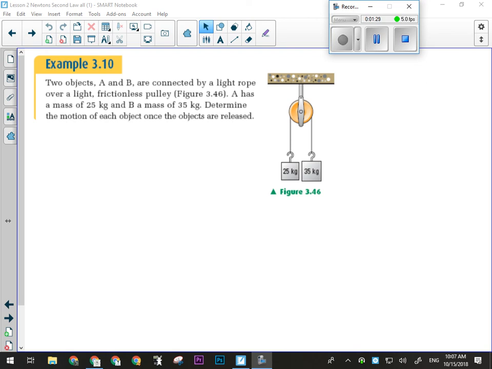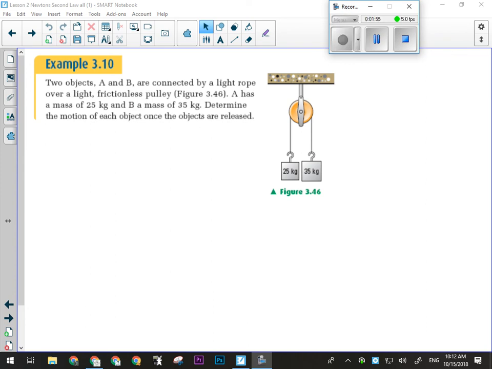So I want you to write this one down, draw the picture, get a free body diagram done, see if you can get started on this. I will tell you that because the pulley is frictionless, the only force acting in this problem is gravity. I'll give you a few minutes.